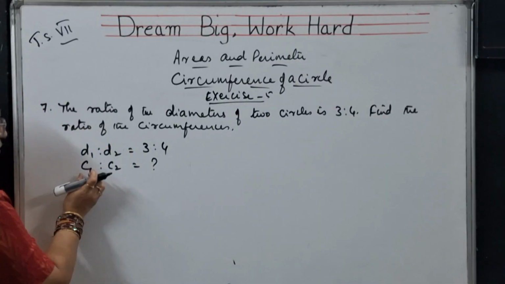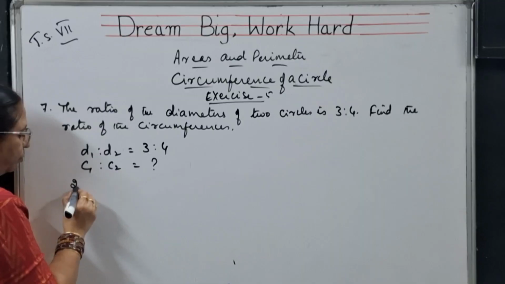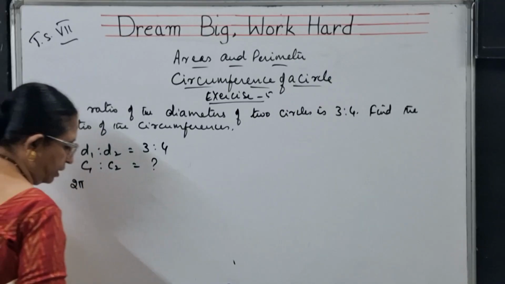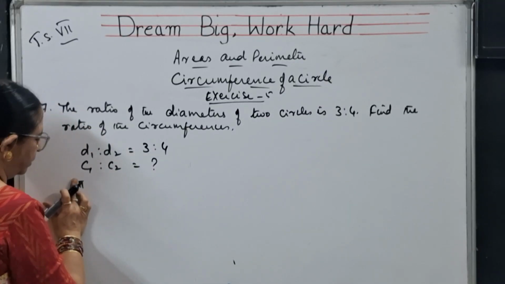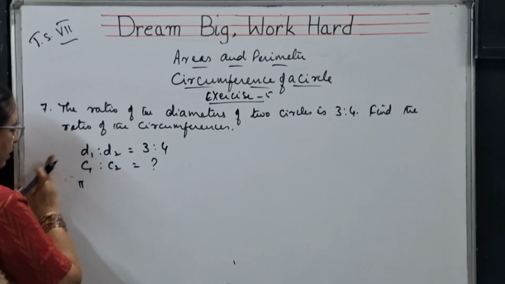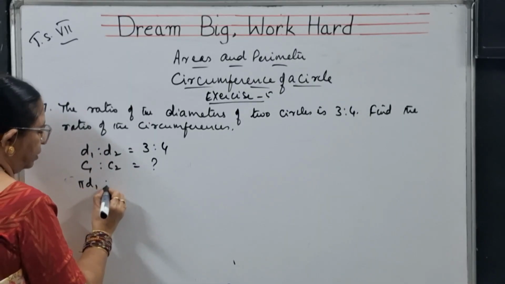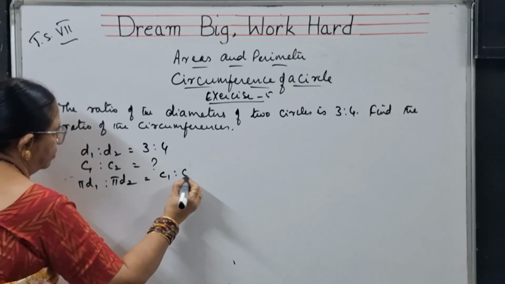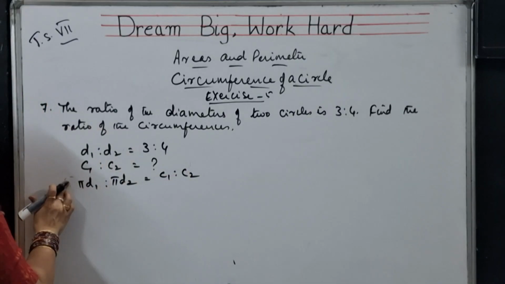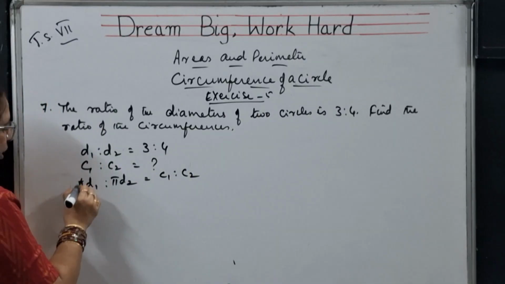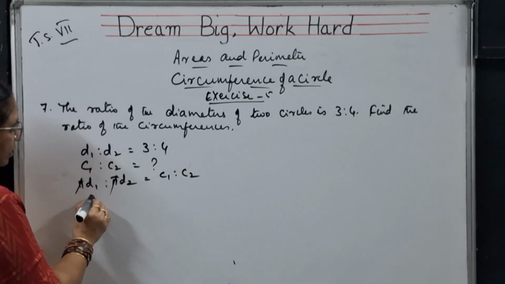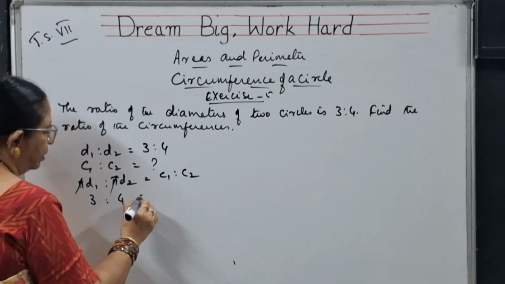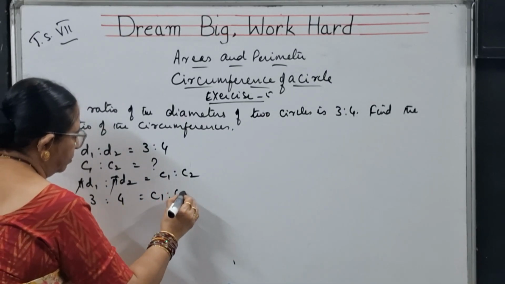Circumference is pi into D. Pi D1 is to pi D2 is equal to C1 is to C2. So pi and pi will get cancelled. D1 is to D2, 3:4, is equal to C1 is to C2.